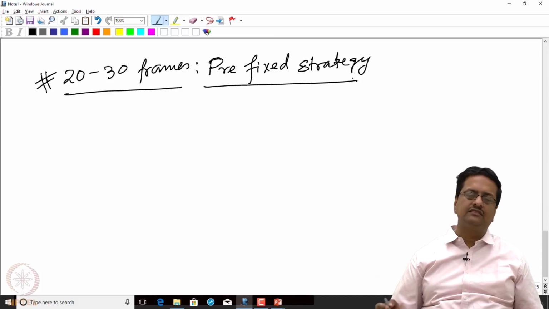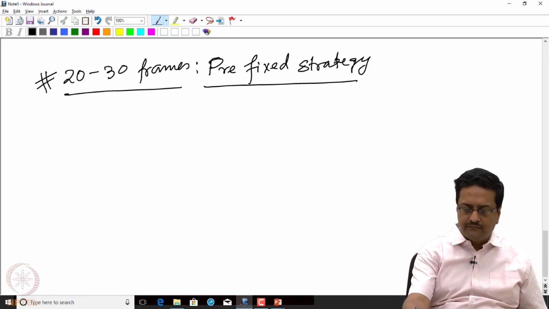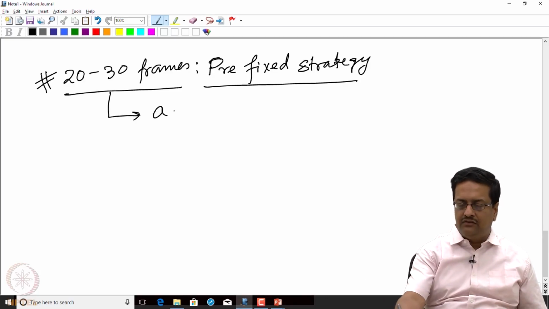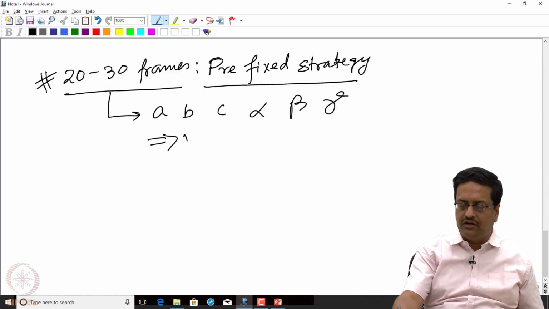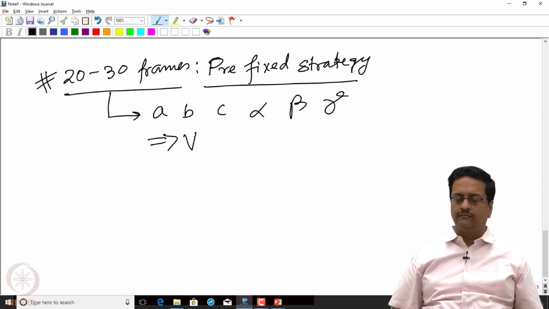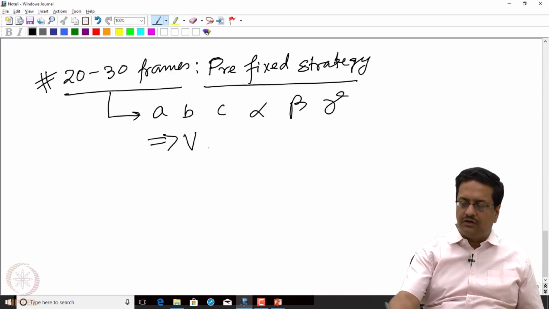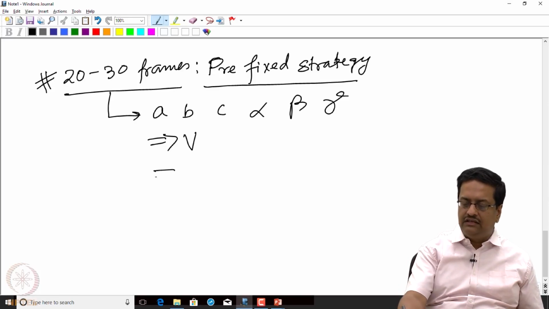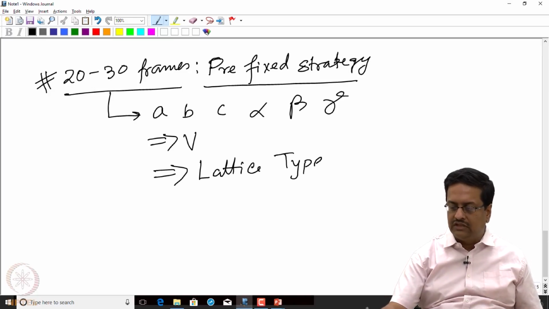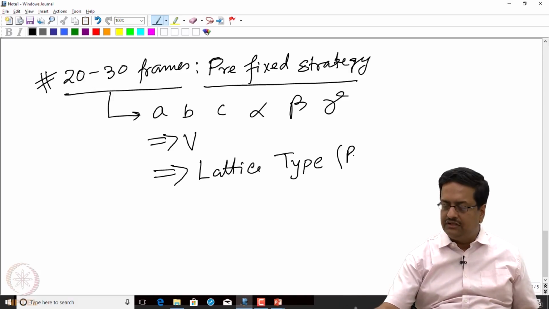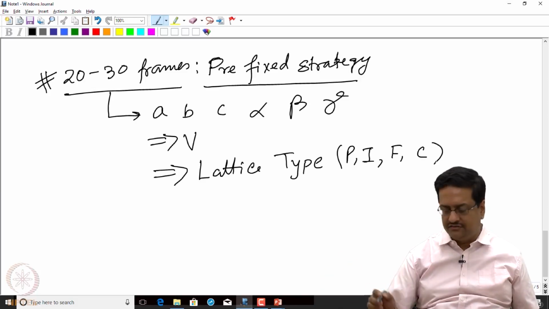So with this prefixed strategy, what it gives are tentative values of A, B, C, alpha, beta, gamma, and from that one can calculate the volume. In this process, it also indicates the lattice type, that means whether it is a primitive lattice or a body-centered lattice or a face-centered lattice or a C-centered lattice.